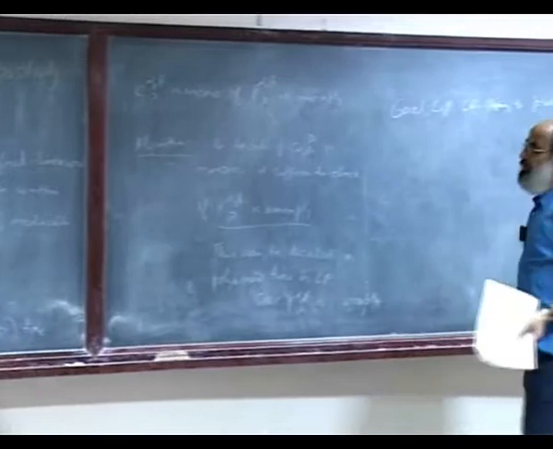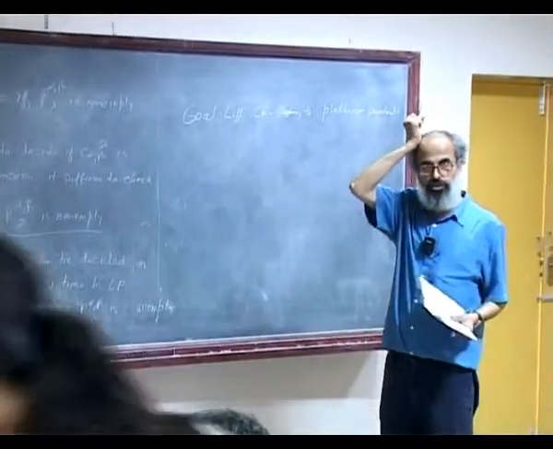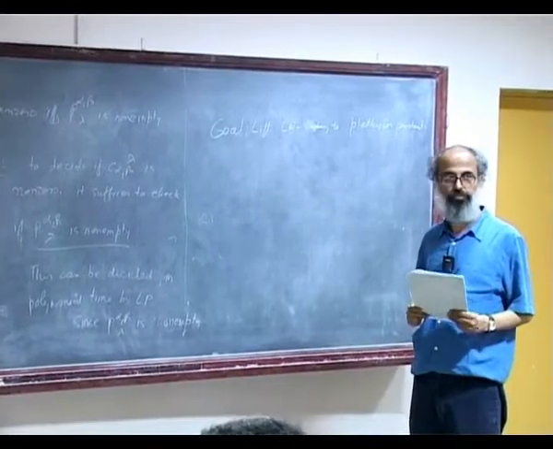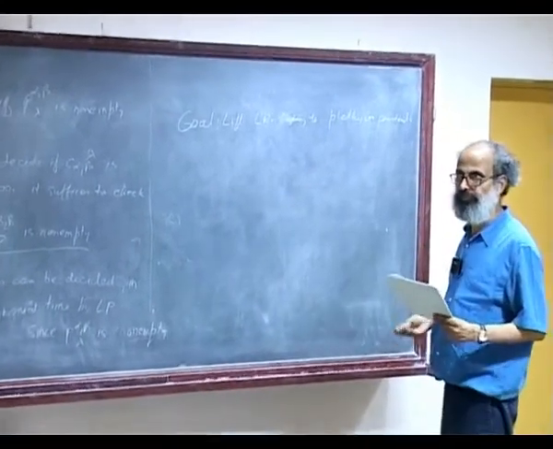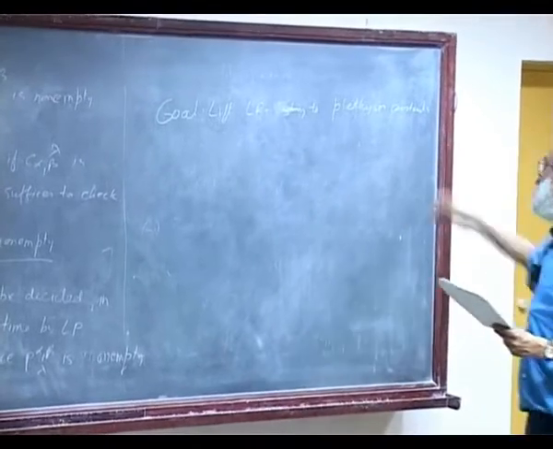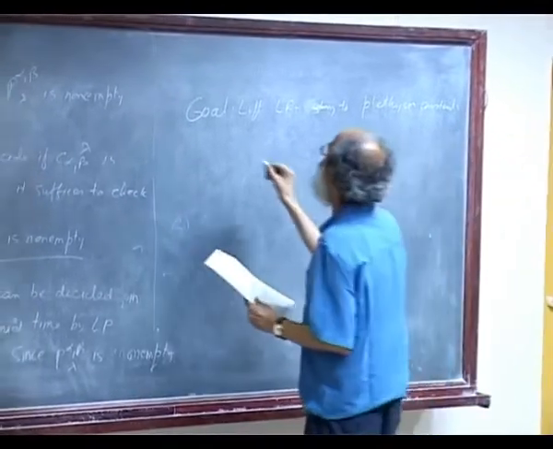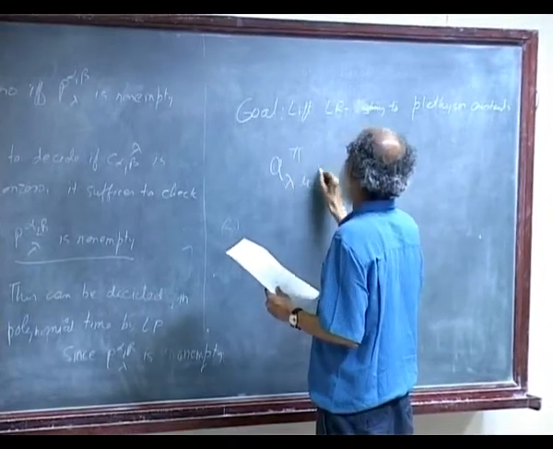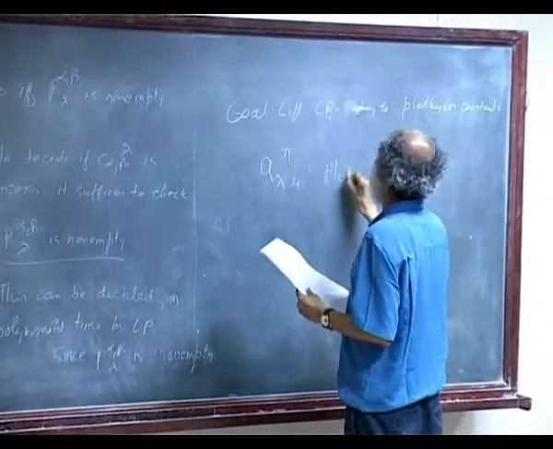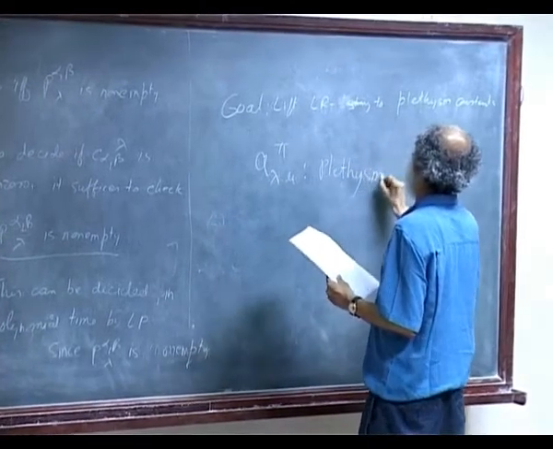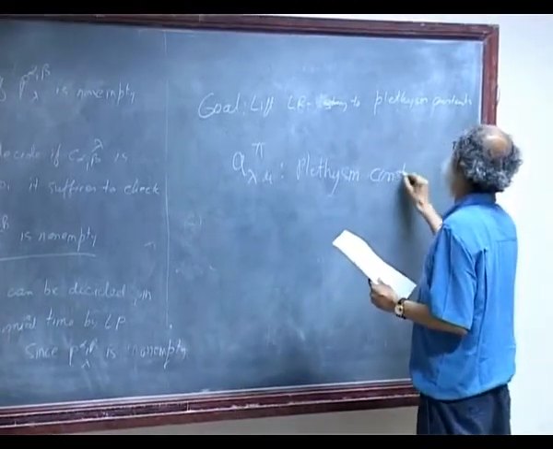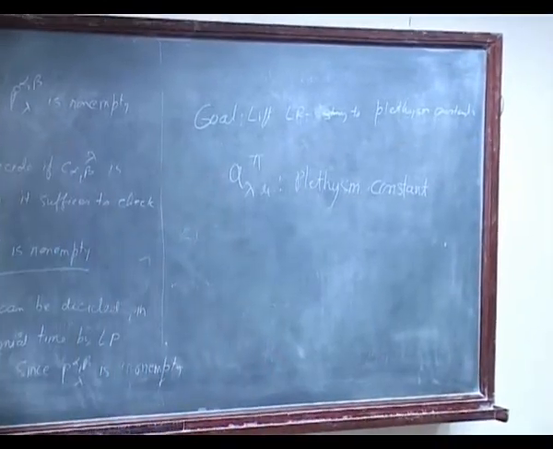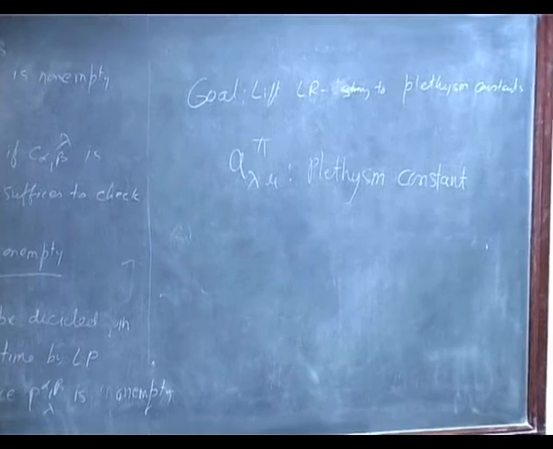Okay. So now the goal is to lift the LR story to the plethysm constants. So let a_{lambda, pi, mu} be a plethysm constant. Remember, we had defined it somewhere.